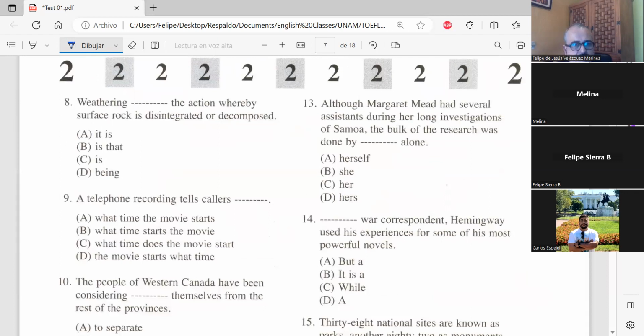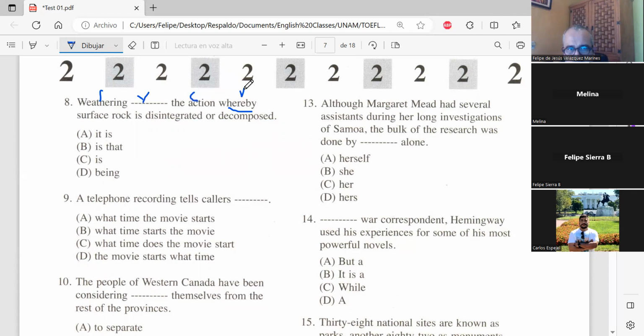So here, weathering, it's not a verb. Whereby it's a marker. So in which, it's like in which, no? Or where. So then we have subject, we have verb, we have complement.